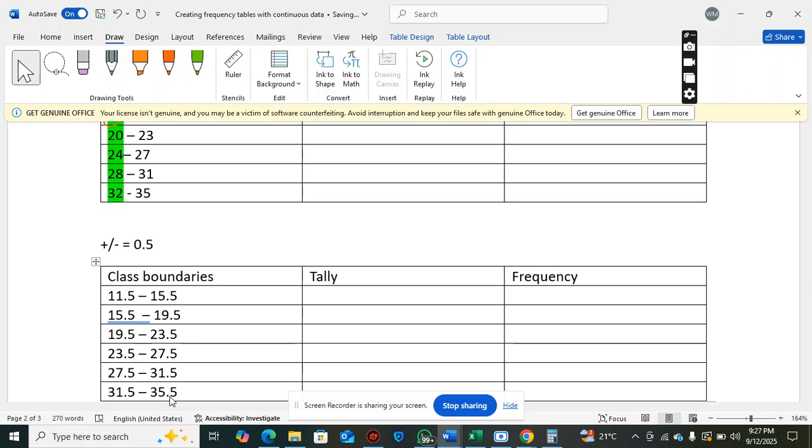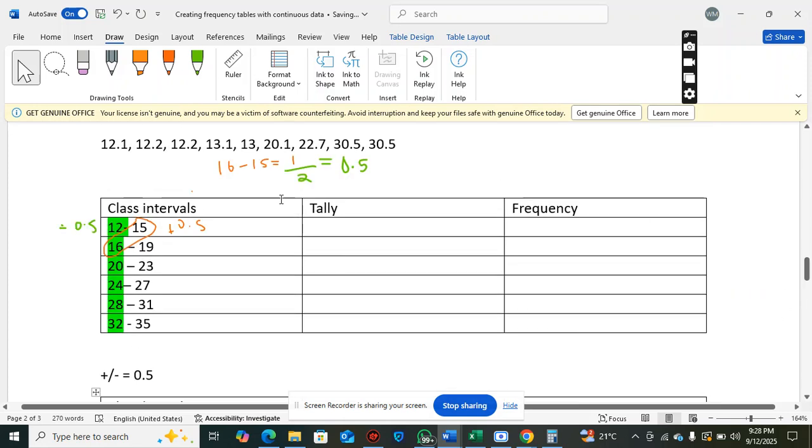Okay, colleagues, so we've made our class boundaries, and now we can make our frequency distribution table.